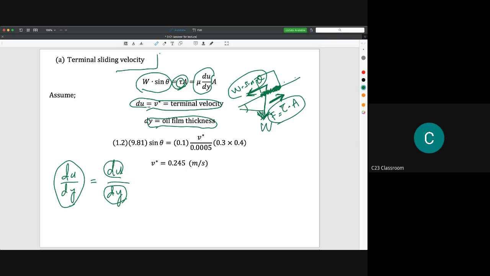Mathematically, yes, it might be 0 because there are no changes in velocity, but we replace that term because that situation is called terminal velocity. So we have this equation, and we could get that the terminal velocity is 0.245 meter per second. It means that when the box reaches 0.245 meter per second, the velocity will not increase anymore.